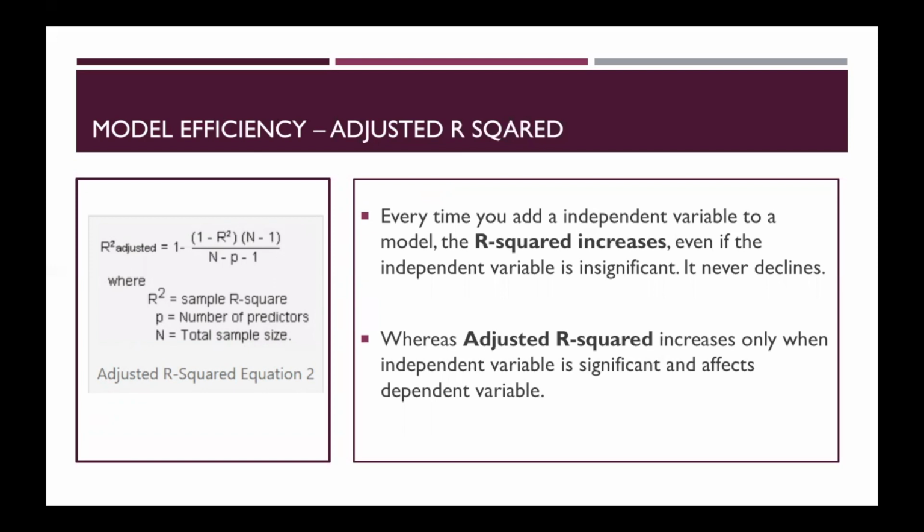We have a formula to get adjusted R squared, which is 1 minus (1 minus R squared) times (n minus 1) divided by (n minus p minus 1), where p is the number of predictors or the number of features. Since the number of predictors goes into the denominator, as the number of features increases, the value of adjusted R squared decreases, which is an indicator that our model is not doing well.